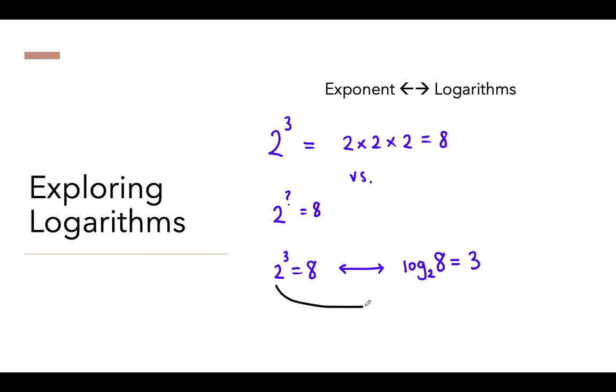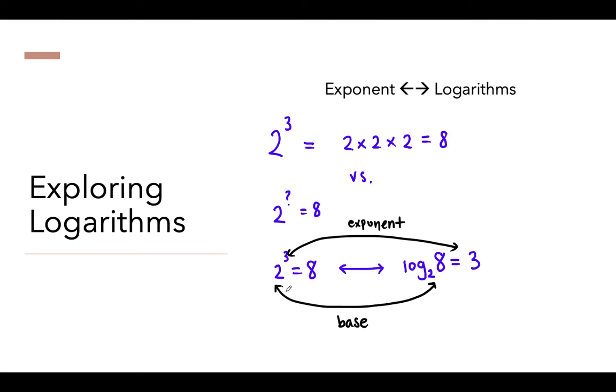So 2 is the base, and it's also the base of the logarithm, and the exponent switches place over here. That's the exponent. Okay. So as you can see, exponents and logarithms undo each other. They're inverses as long as the base is the same.